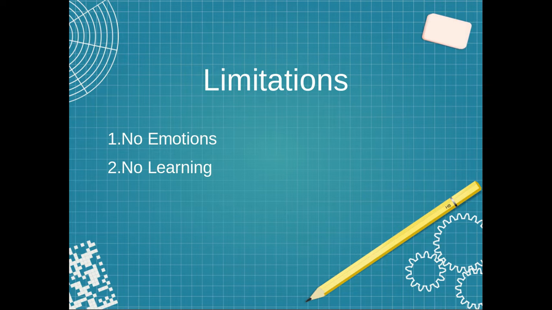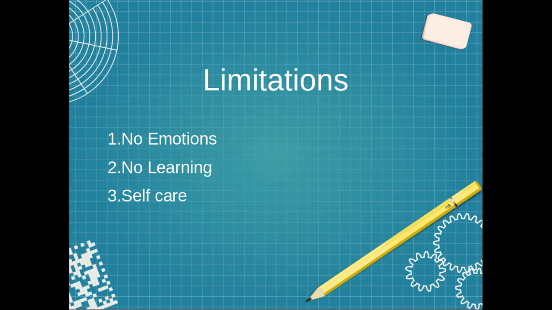The next one is no learning. Computer cannot learn new topics on its own. You have to give instructions and data to the computer, and only then it will display you the data. If the computer is not given any instruction, it will not self learn on its own and give you the new data.